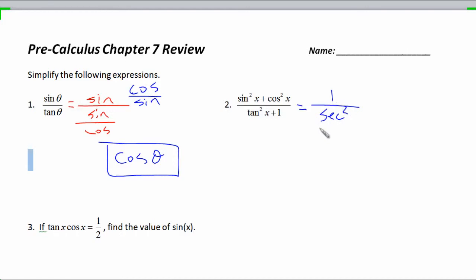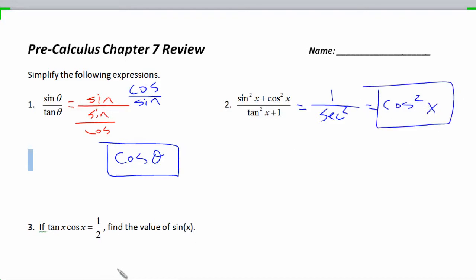And then again, I know that secant is 1 over cosine, so secant squared is 1 over cosine squared. So I'm just going to flip this over and actually make it cosine squared x.